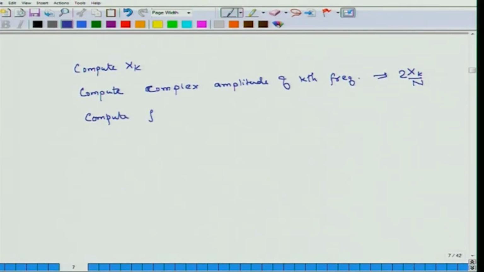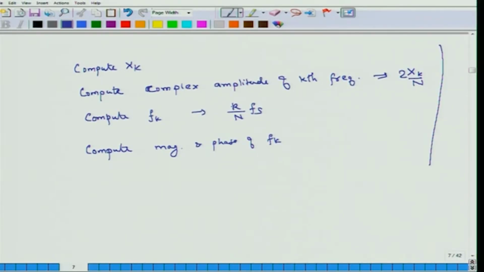Compute Fk, and how do you compute Fk? It is k over N times Fs, right? And then compute magnitude and phase of Fk using the relations which we have discussed earlier. So, this is the overall summary.